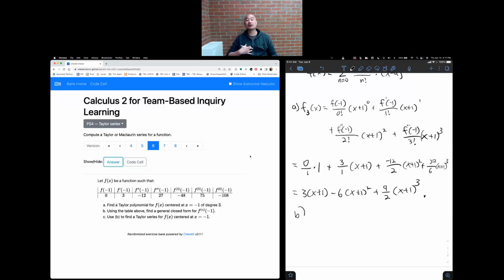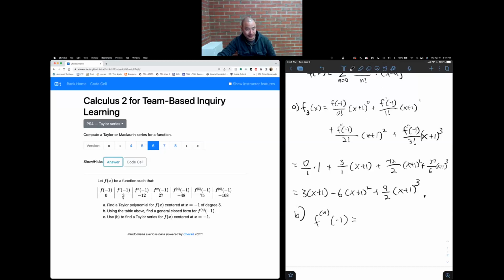Now, our goal is to take a look at the patterns of the derivatives and try to find some sort of closed form for the nth derivative of this function evaluated at -1. So what does the nth derivative of f evaluated at -1 look like? Well, let's see. When n is 0, that's just 0.